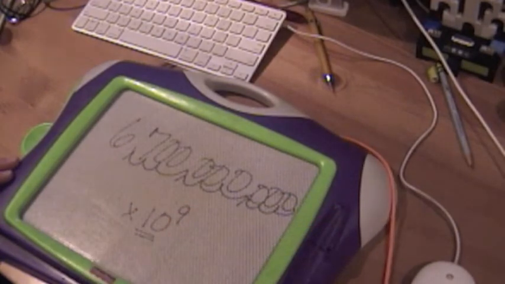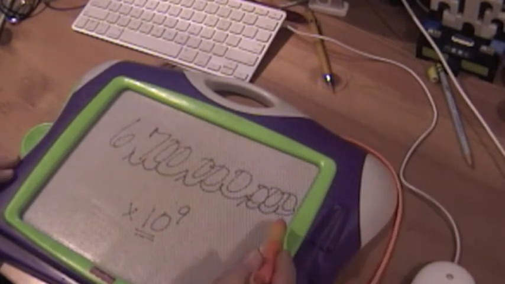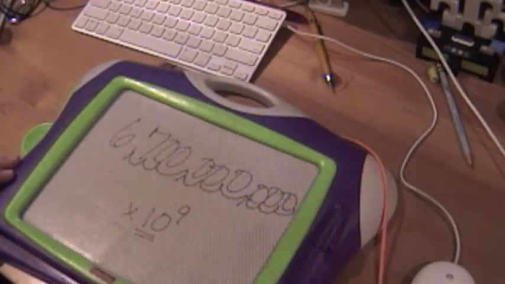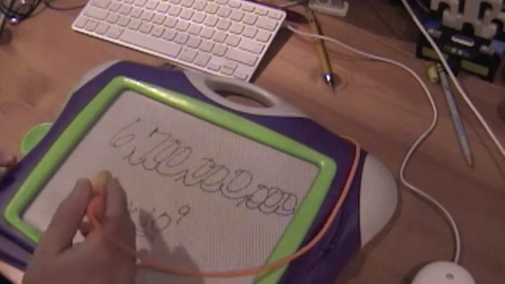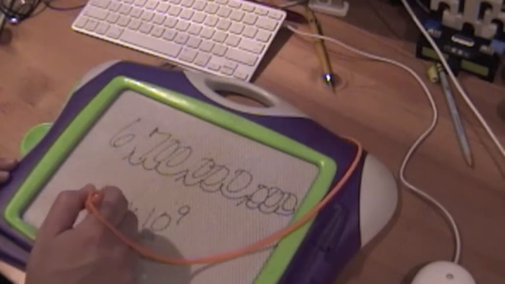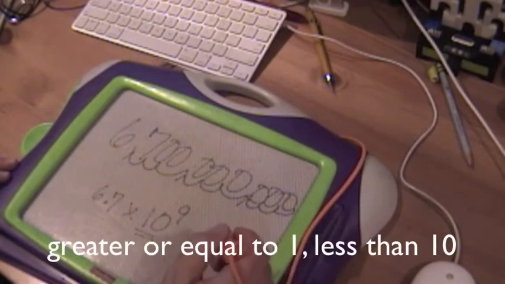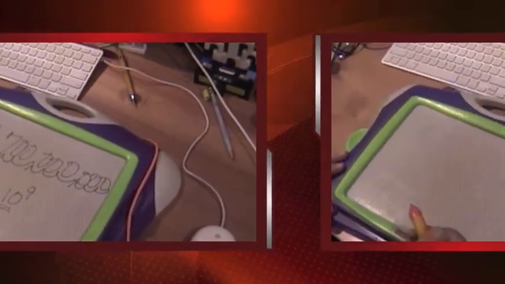So it's to a power of 9. Anytime you have a large number and you're moving your decimal point over to the left, the exponent will always be positive. Your first factor, your first number, needs to be greater than 1, but less than 10.